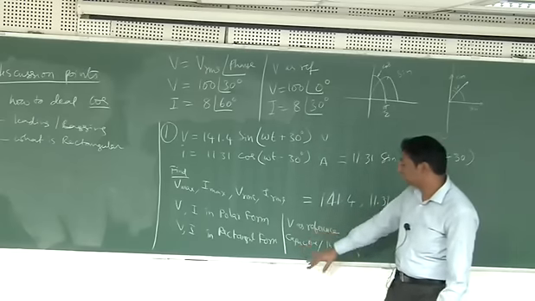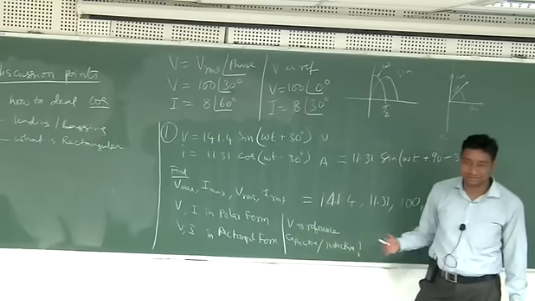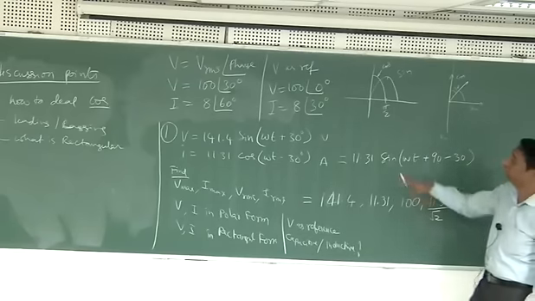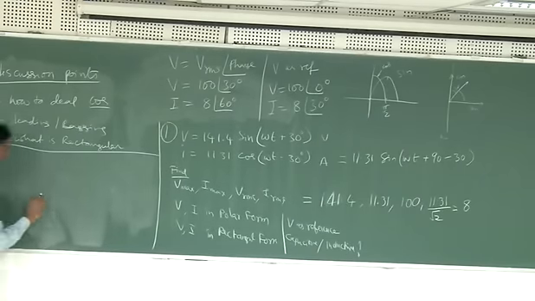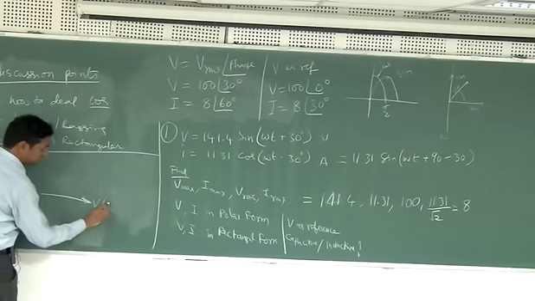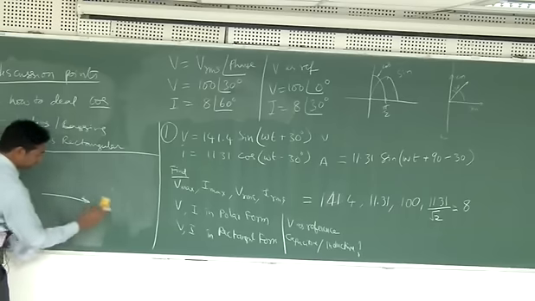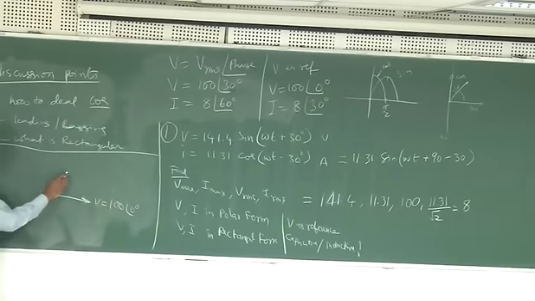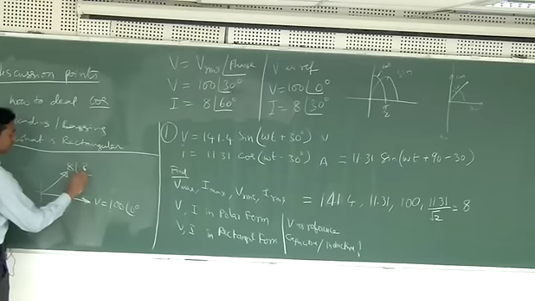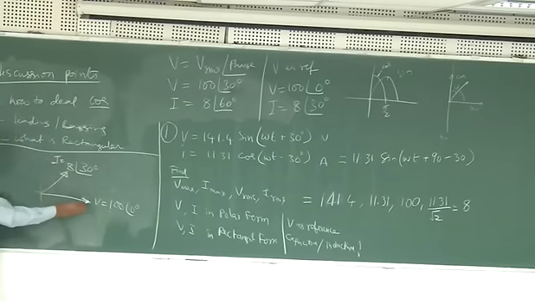Now if I want the rectangular form, how will you get it? Let me draw the diagram. This is V at 0 degrees, and this is 8 at 30 degrees, this is I. The x-axis is 100 for V, and the y-axis is 0.